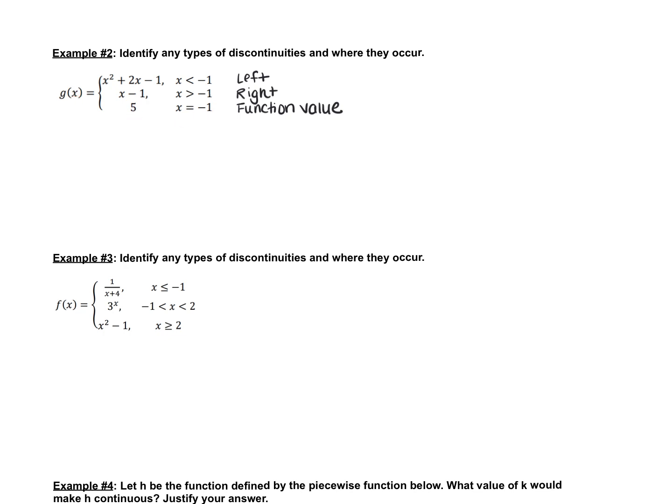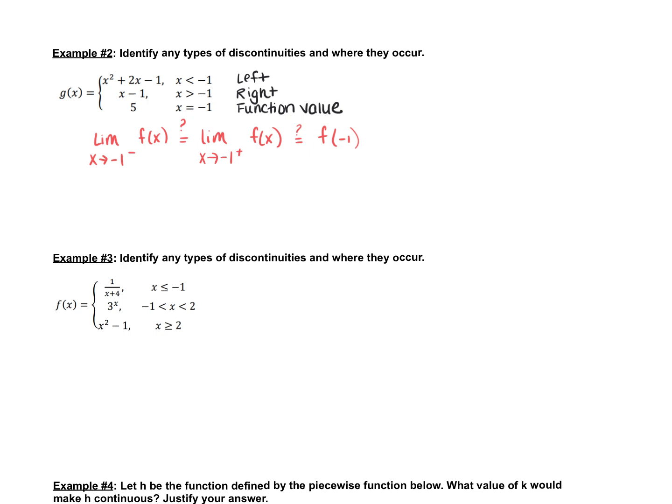So let's see what happens. The limit as x approaches -1 from the left of f of x, we want to see what's happening there, and we want to see if that's possibly equal to the limit as x approaches -1 from the right of f of x, and whether that is possibly equal to f of -1.